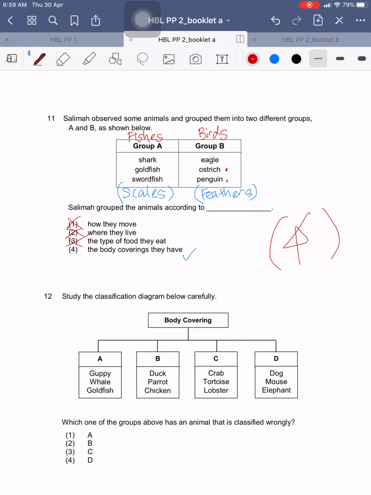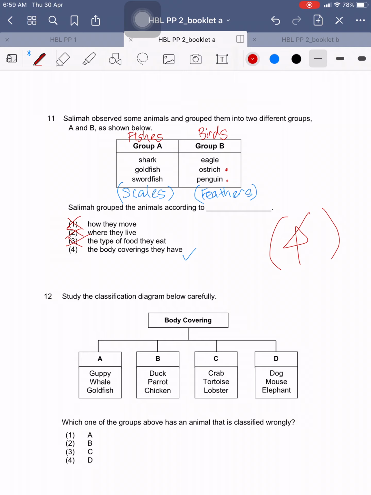Okay, question number 12. Now study the classification diagram below. So you have body covering, and they group further into 4 groups, A, B, C, and D. Now which one of the groups above has an animal that's classified wrongly? Now this question is a little tricky. Alright, so let's analyze.